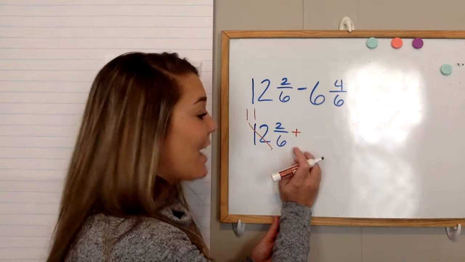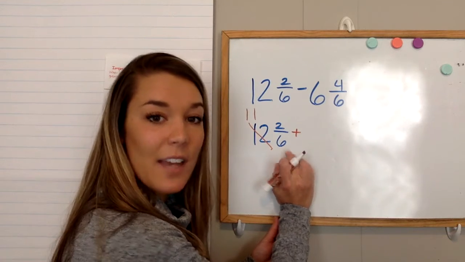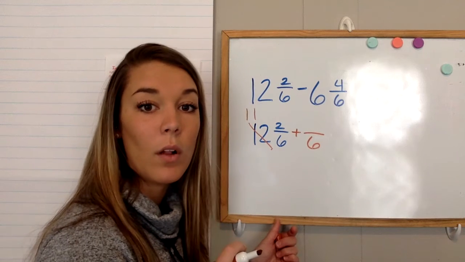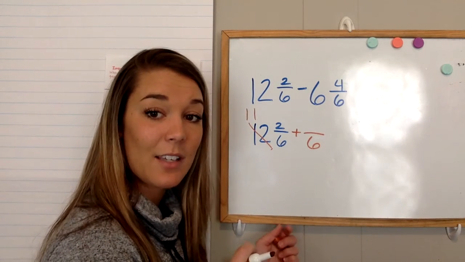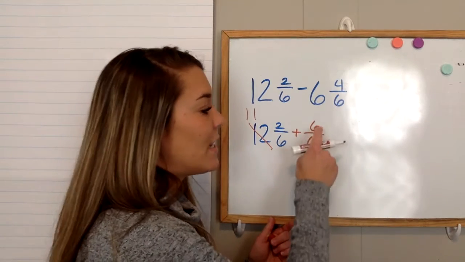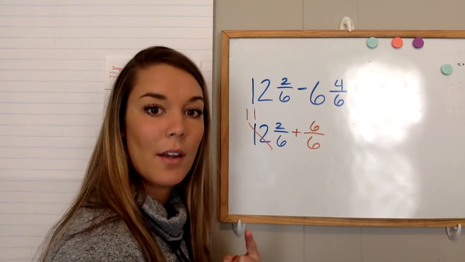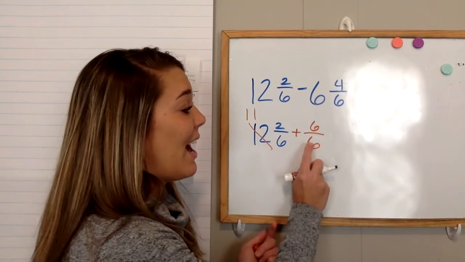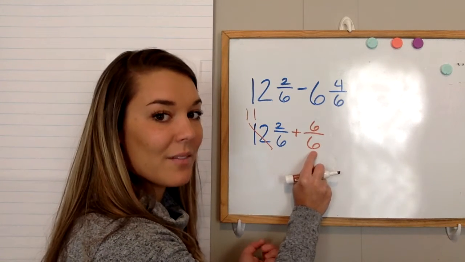My fraction has to have a denominator of 6. So if I want this to be 1 whole and the denominator has to be 6, I need a 6 on top, right? 6 over 6 is 1. So that 1 whole I took away over here, I'm adding it right here.